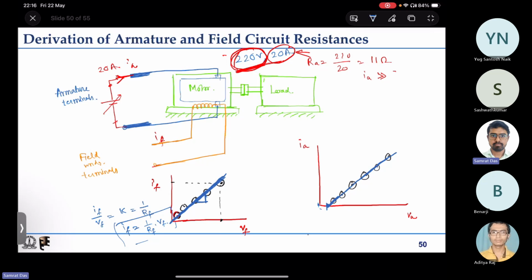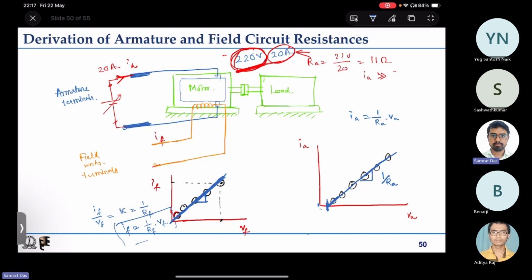But in this case, you will have to write the equation like y equal to mx plus c. The slope is equal to 1 by Ra, which is the armature winding resistance. You have the x-axis variable, that is Va, and along with that you have some intercept.